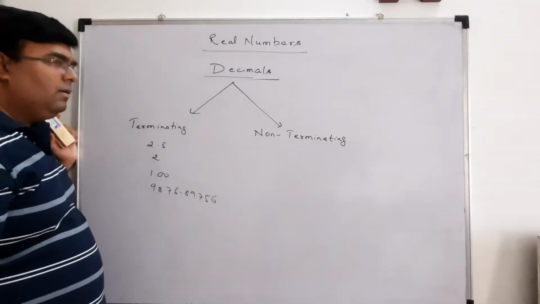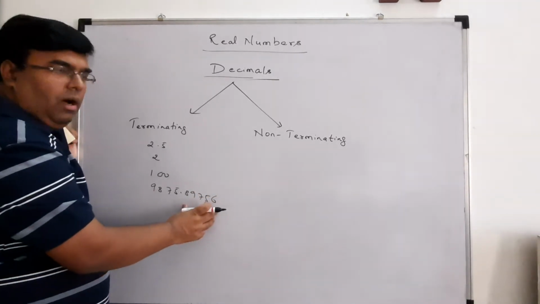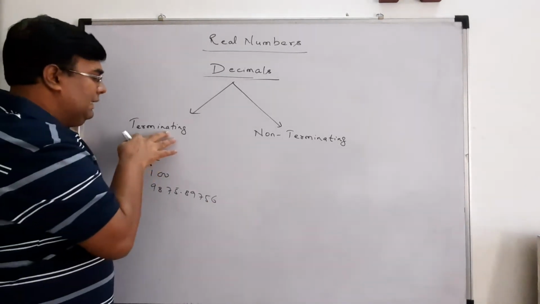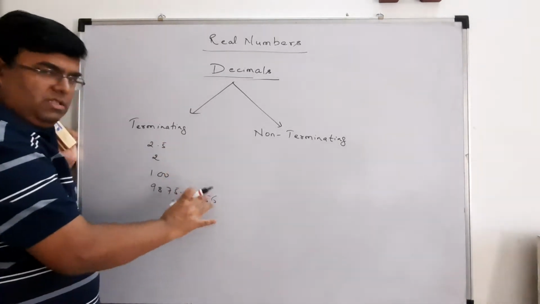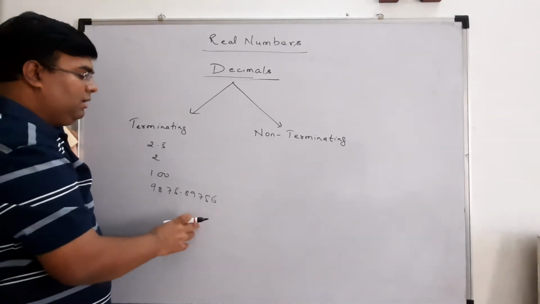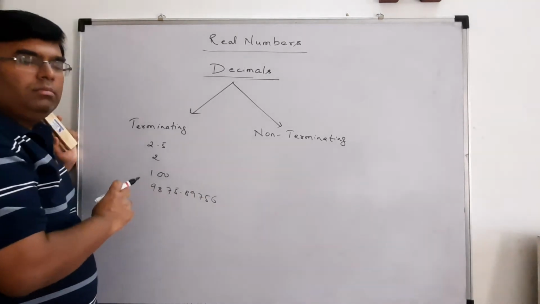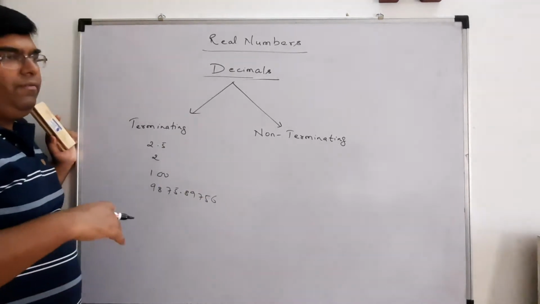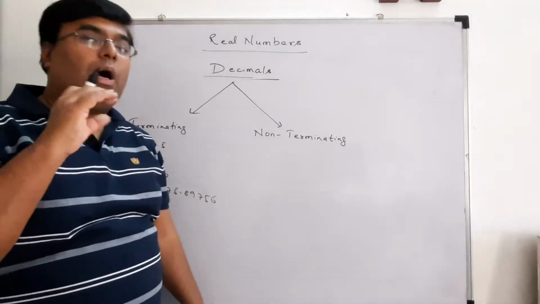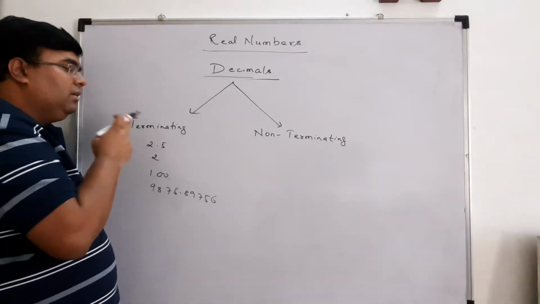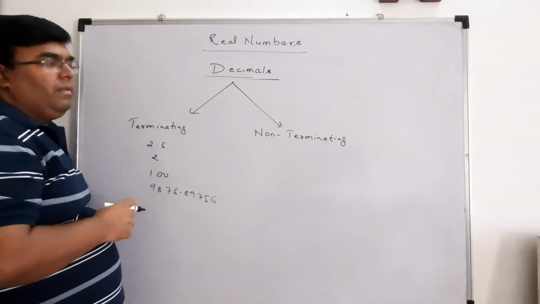Basically if the digits are going to terminate, it is known as terminating. We have a fixed number of digits. How many digits are there here? 1, 2, 3, 4, 5, 6, 7, 8, 9. Nine digits. So if we can count the number of digits in a decimal, we call it a terminating decimal.